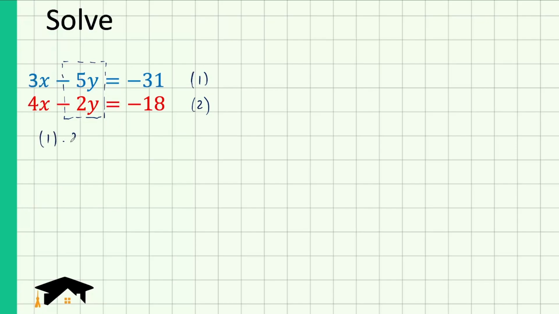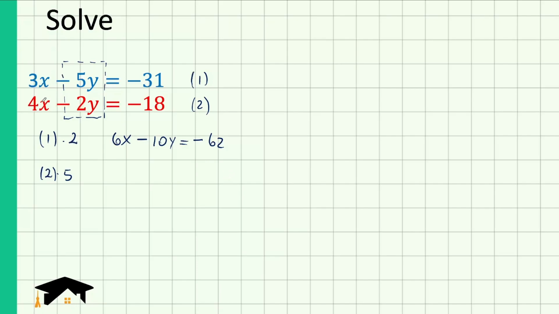We multiply 1 by 2 and we multiply 2 by 5. Equation 1 times 2 gives me 3x times 2 is 6x minus 5y times 2 is 10y equals minus 31 times 2 is minus 62.